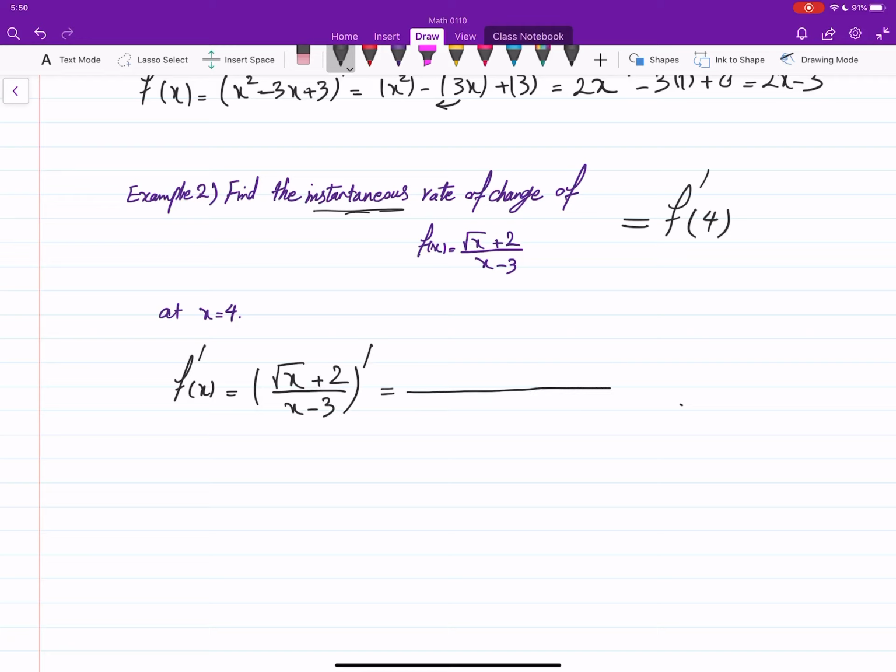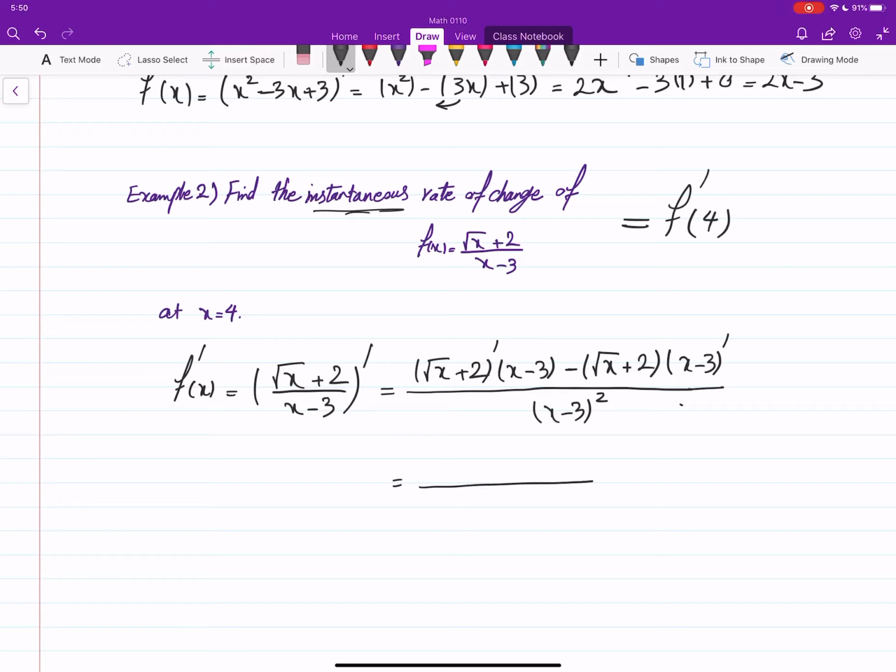This is a quotient, two functions divided. Now we have to find the derivative of that: the derivative of the numerator times the denominator, minus the numerator itself times the derivative of the denominator, and then x minus 3 squared, the denominator squared.